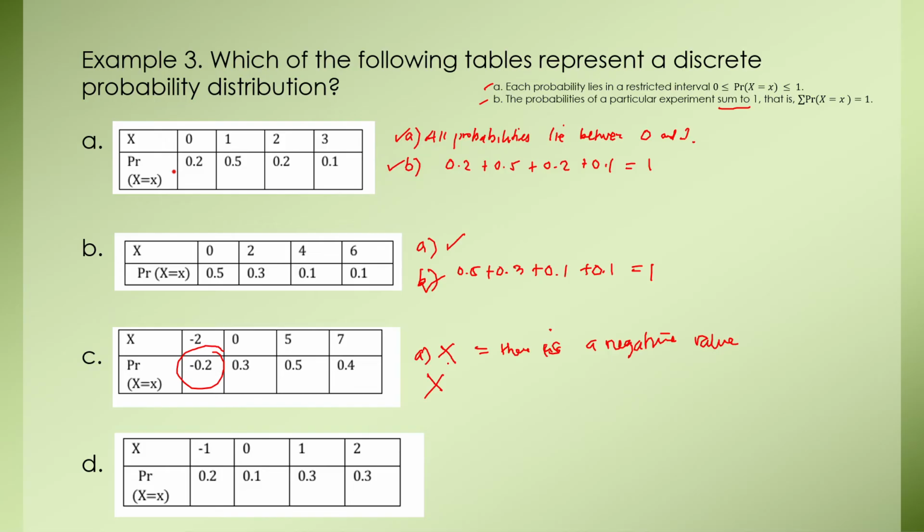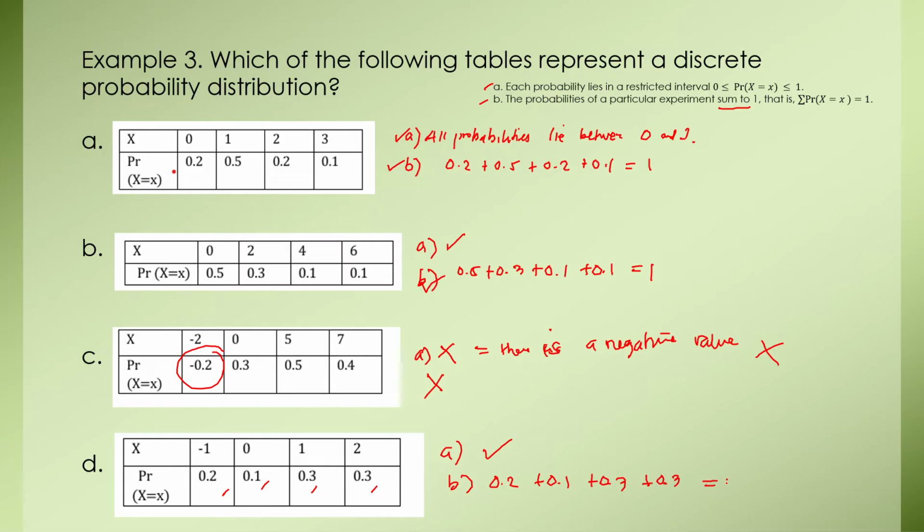Okay, letter D. Let's check. First, all probabilities lie between 0 and 1: 0.2, 0.1, 0.3, 0.3, check. But let us check the next characteristic, if it will meet the second one. So 0.2 plus 0.1 plus 0.3 plus 0.3.